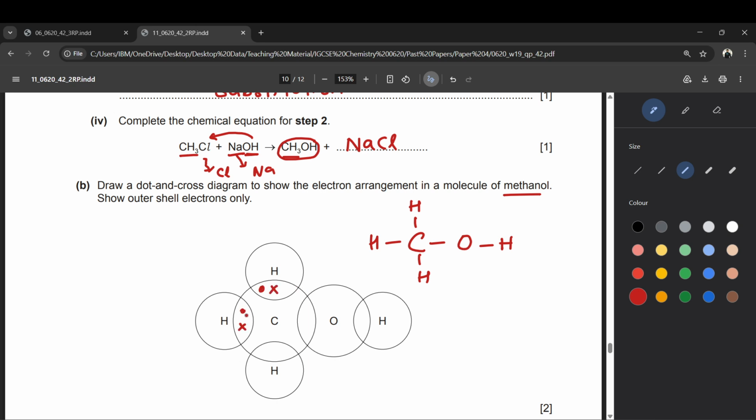So we're going to have dot and cross, dot and cross. Let's say I'm representing carbon with crosses. So this will be cross, this will be dot, and then this will be dot and this will be cross. All right, so that is how you have to show the bond pairs.